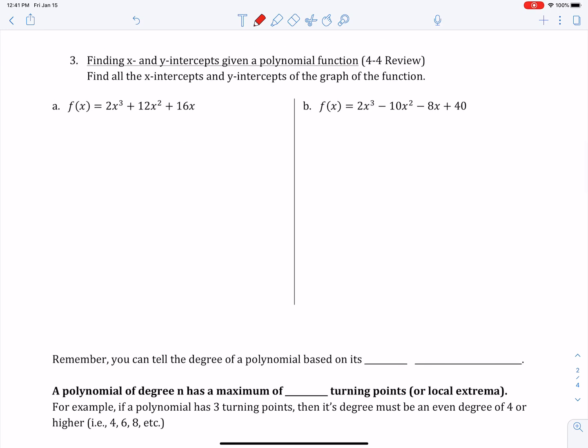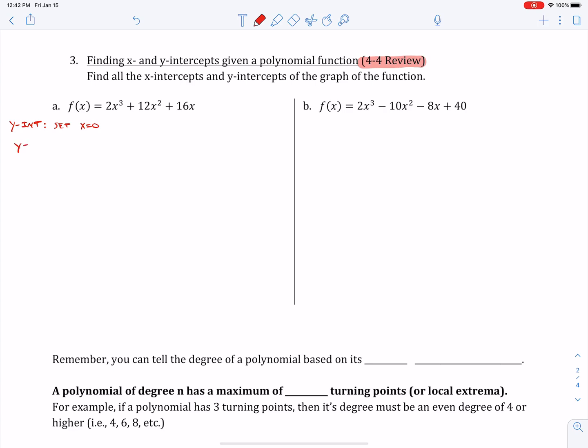Here it says finding x and y intercepts given a polynomial function. If you notice, this says review, meaning we have seen this before, but let's go ahead and do it again. So I have f of x equals 2x to the third plus 12x squared plus 16x. Well, the first step is to find my y-intercept. And if you remember, to find our y-intercept, what we need to do is set x equal to 0. So let's do that.